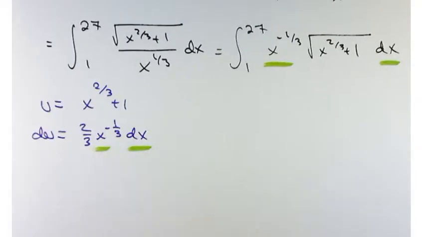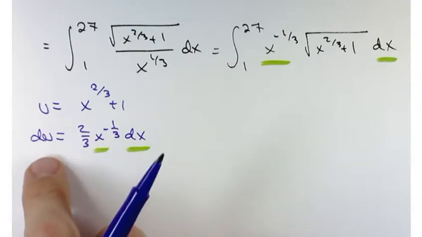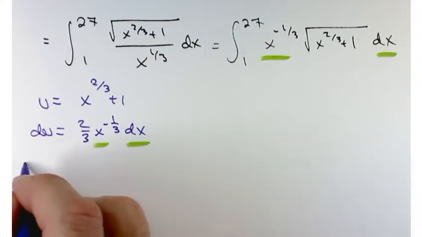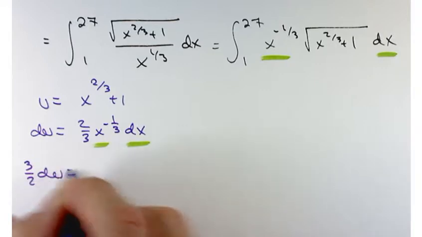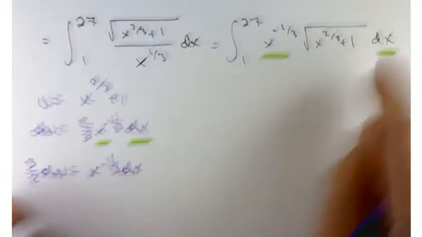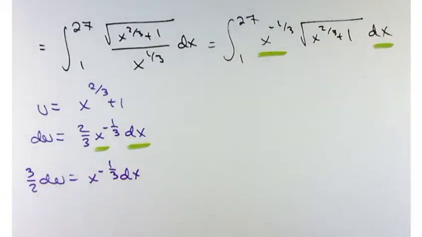So let's do ourselves a little favor and get rid of that 2/3. How can I get rid of that 2/3? Multiply both sides by the reciprocal. So this is going to be 3/2 du equals x to the negative 1/3 dx. So great. Now I can make a nice one-for-one change.